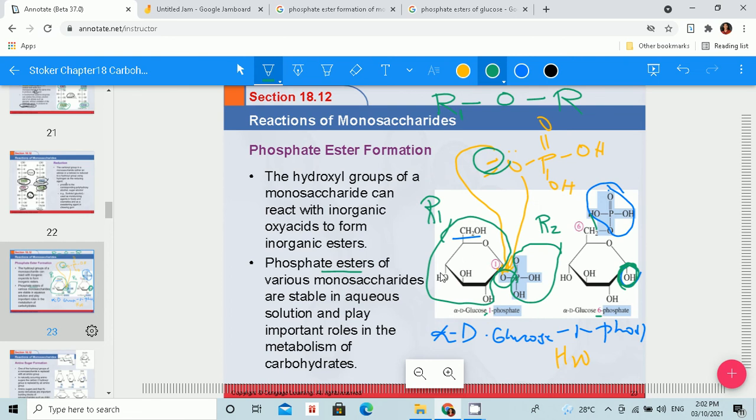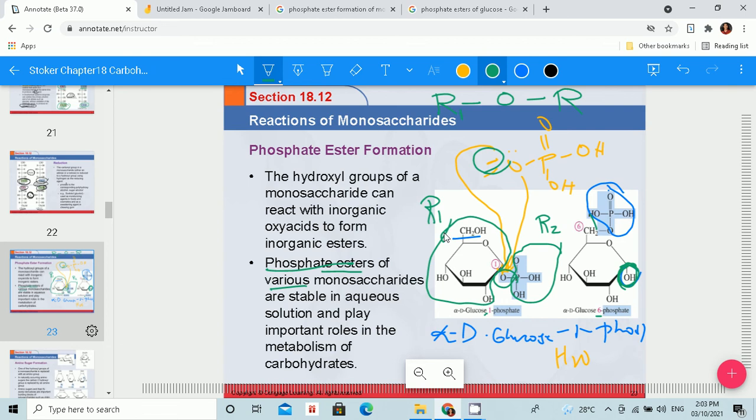That's why we call it phosphate esters. Of various monosaccharides, it could be galactose, alpha D galactose 1 phosphate, or fructose phosphate. Here, it's only glucose, so it is a representation for monosaccharides.